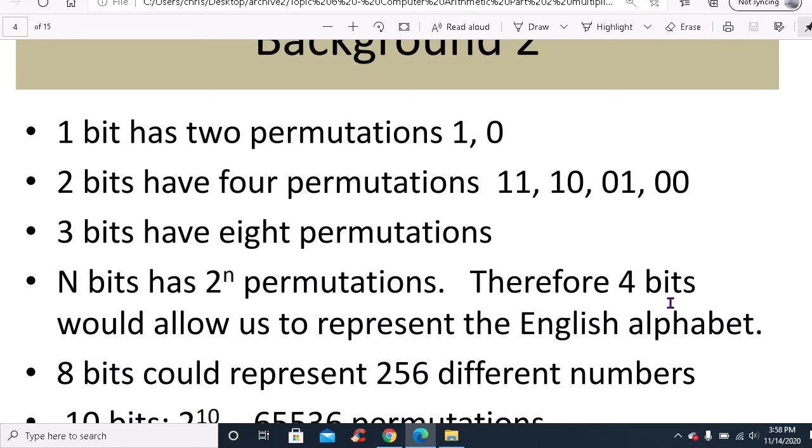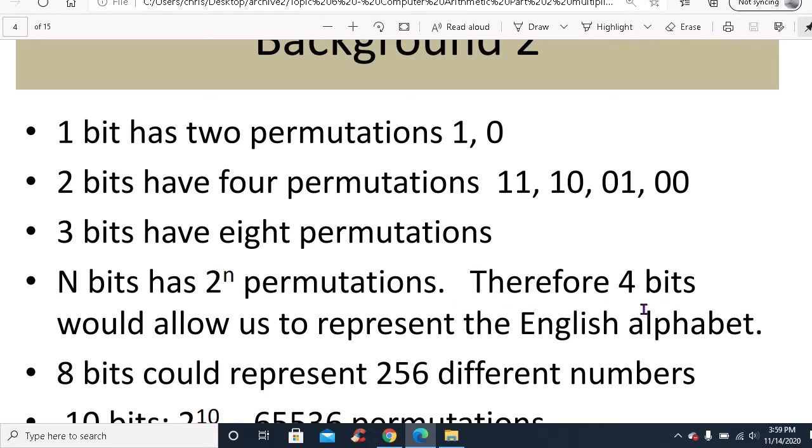And 3 bits have 8 permutations, starting with 1 1 1 and ending with 0 0 0. And given any n bits, those bits have 2 raised to the power of n permutations or combinations. That should be a capital N, by the way.